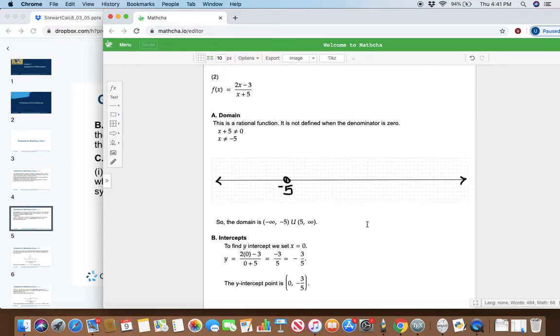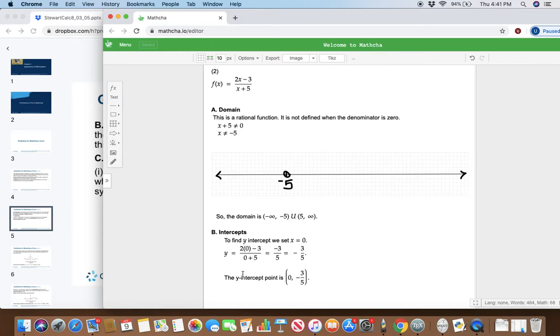Plug in x equals 0, and I get y equals negative 3 over 5, or the negative of the fraction 3 over 5. So what is my y-intercept point? X coordinate 0, y coordinate negative 3/5.